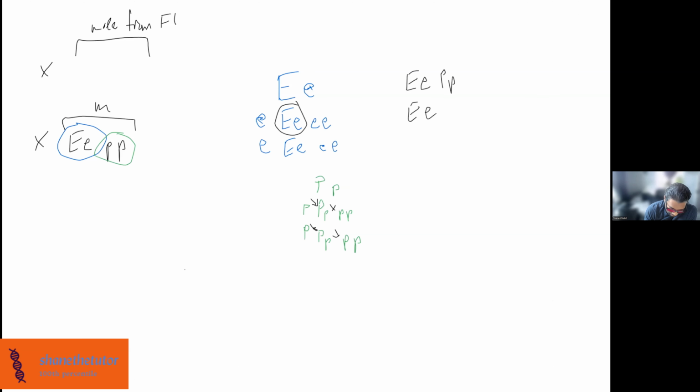Next, I'm going to use the little e and cross it with the different p's as well. So little e, big P, little p, and little e, little e, little p, little p. So these are the possible genotypes of the F1 generation males.